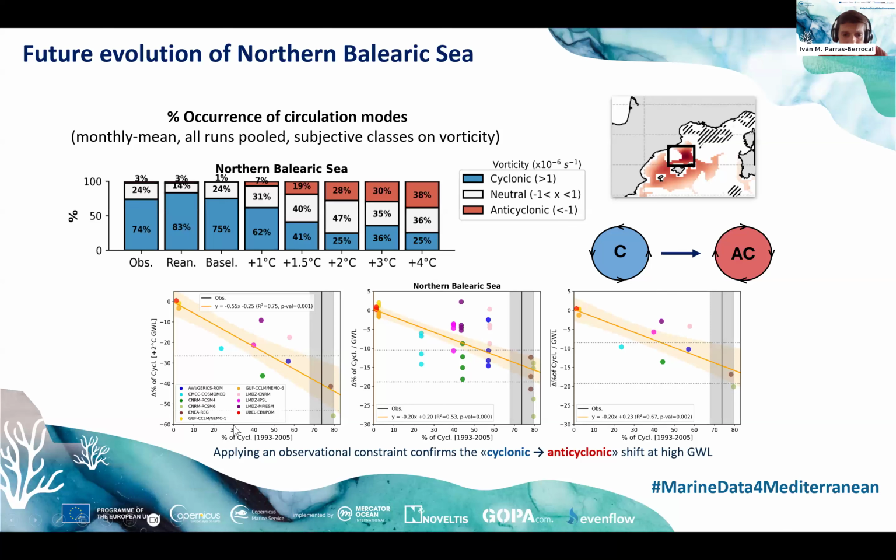In the x-axis, I plot the percentage of cyclonic circulation during our assessment period, and in the y-axis I plot the percentage of change of this cyclonic circulation at global warming level 2. In the middle is for all the global warming levels, and the last panel is for averaging all the global warming levels.